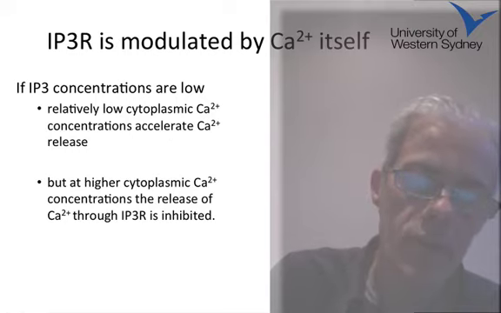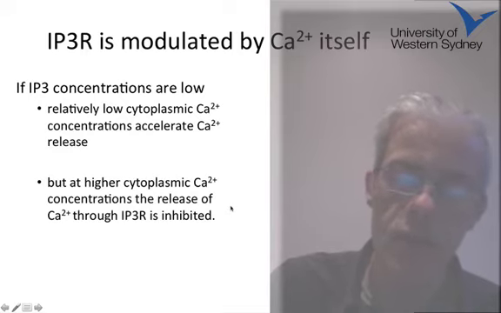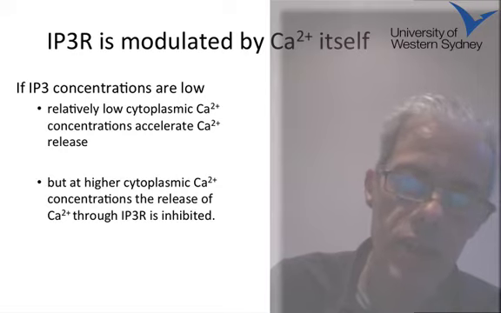So low levels of calcium accelerate the release of calcium from the ER, but conversely, high calcium ion concentrations inhibit the release of calcium from the ER.